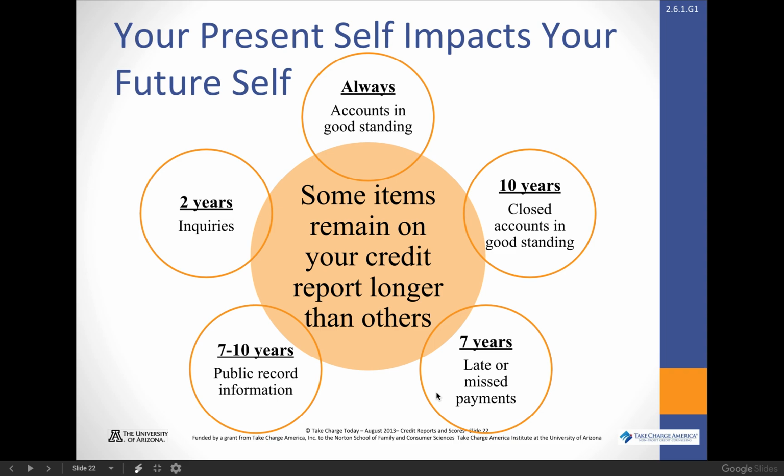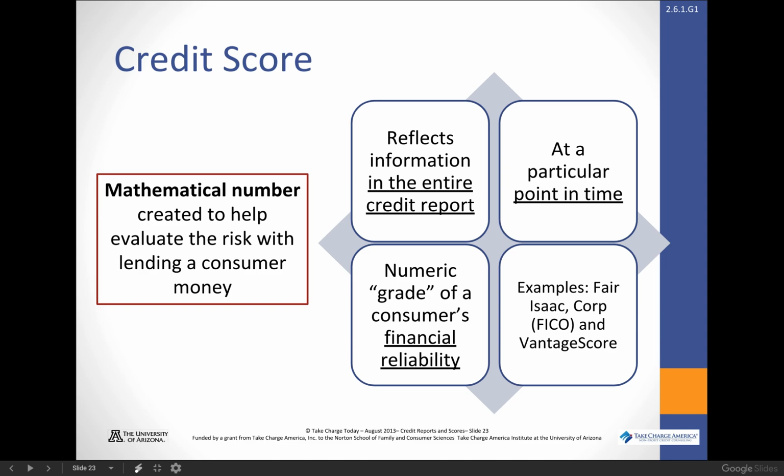If we have any late or missed payments, that will be viewable on our credit report for 7 years. And then if we ever closed an account, maybe we got rid of a credit card, but we were still in good standing with that credit card, that is going to be present on our credit report for 10 years.